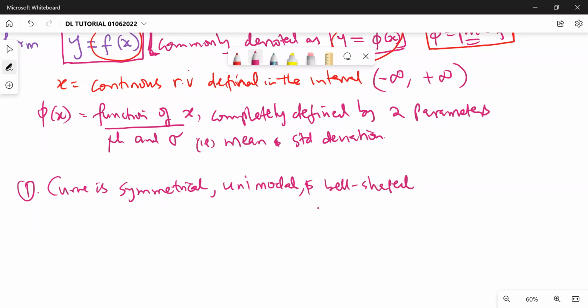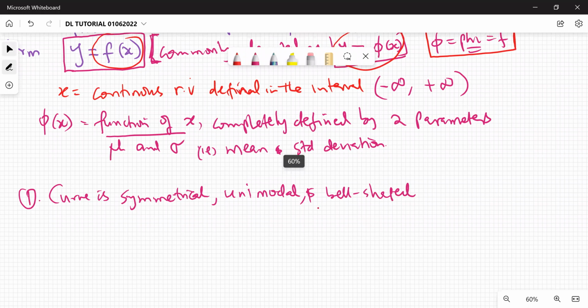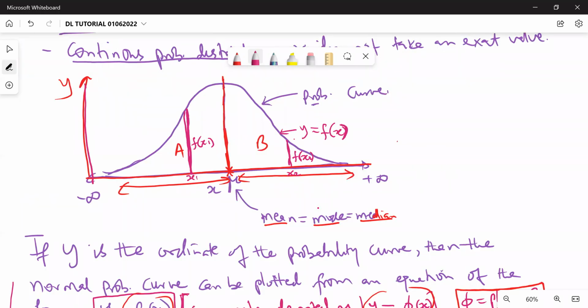So we're talking about the shape of this curve. We're saying this curve is symmetrical, meaning that you can divide it into two identical and equal parts. That's what we mean by symmetry.